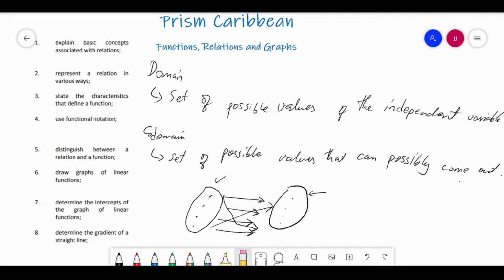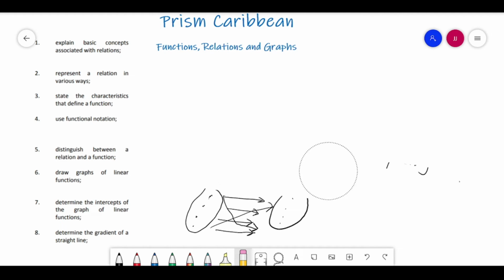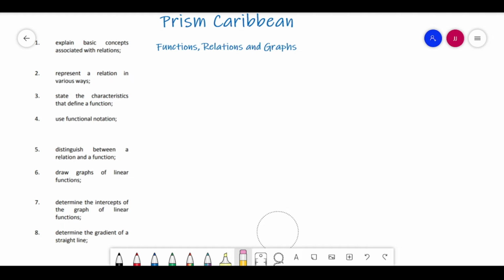If you need that explained over, just rewind the video. I'm moving on from here. So that is basically a very, very simple concept with regards to this topic. As for the definition, you don't need to learn it, but it will be of use in understanding what it is exactly.